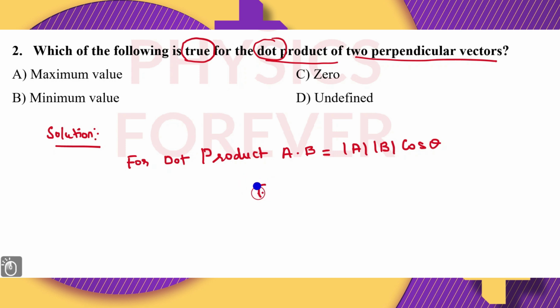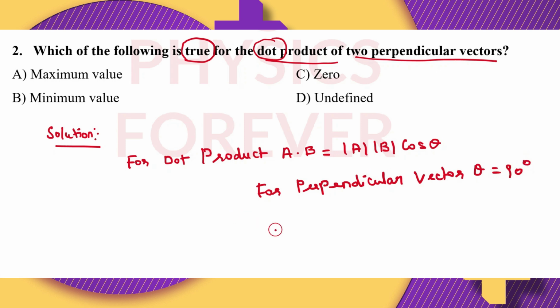So for the dot product, A dot B is equal to mod A mod B cos theta. So for the dot product of two perpendicular vectors, theta is equal to 90 degrees. We have to substitute 90 degrees in cos theta. So cos 90 will be 0.